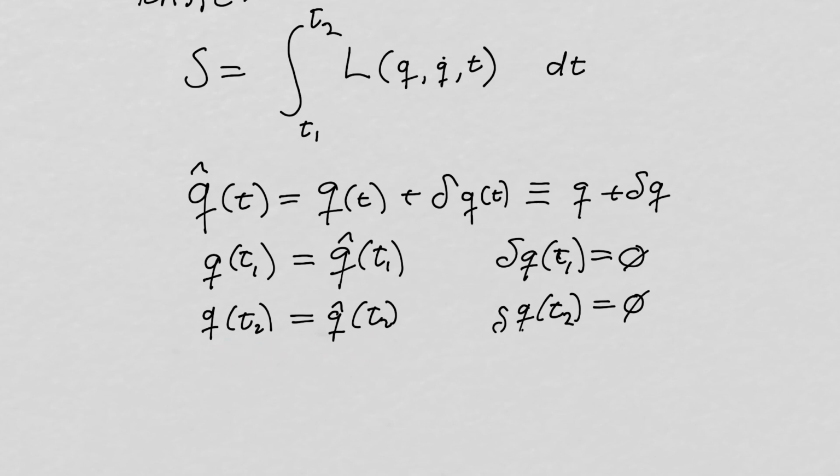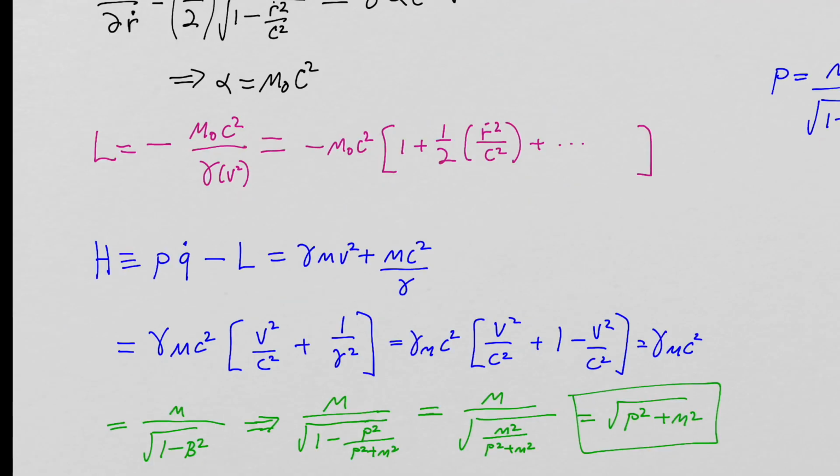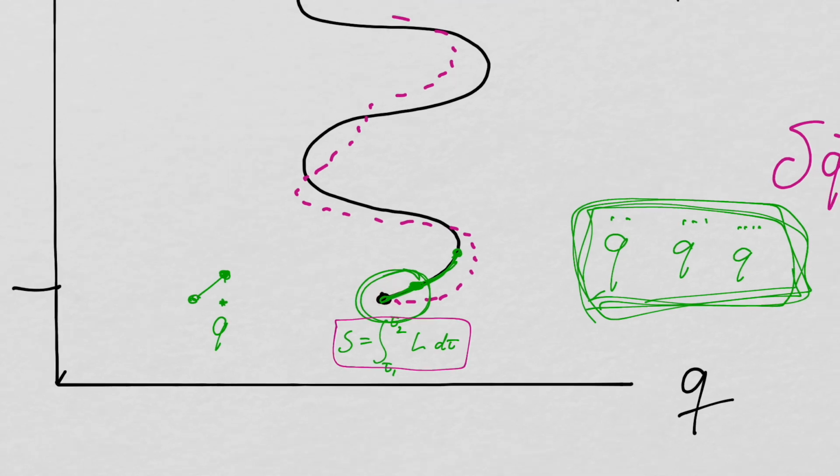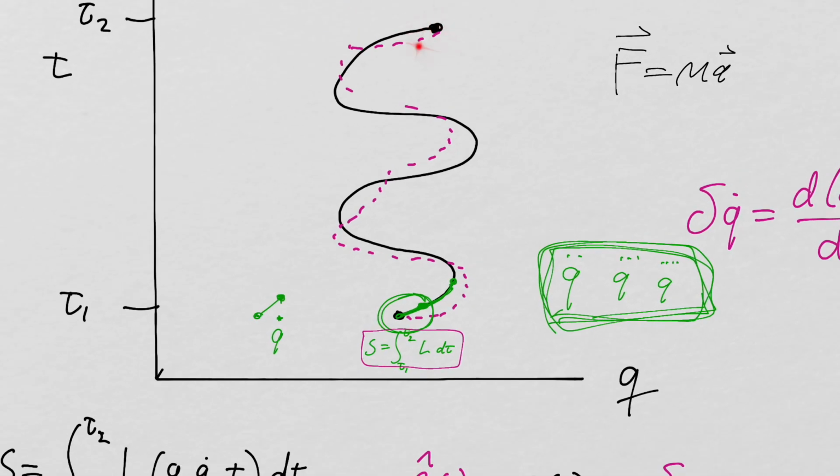Now, I think in the last slide I said the system has to begin and end at the same point. And that's not literally true. Q of t1 and Q of t2 don't have to be the same value of Q. What I meant is that the varied path has to have the same endpoints as the true path, right? That's what I meant on this other slide. Where's that other slide? Here. The varied path must have the same endpoints as the true path does.